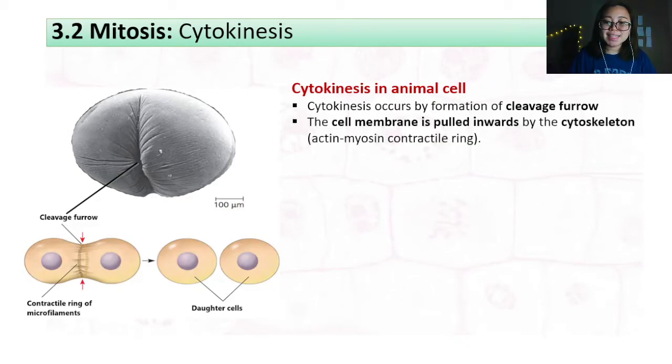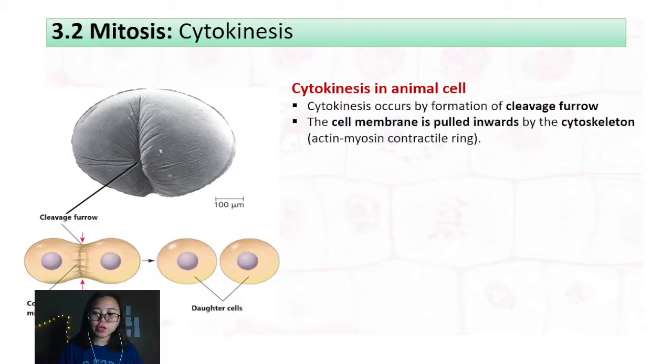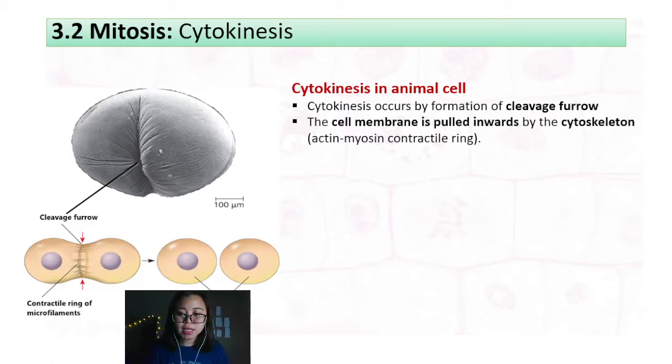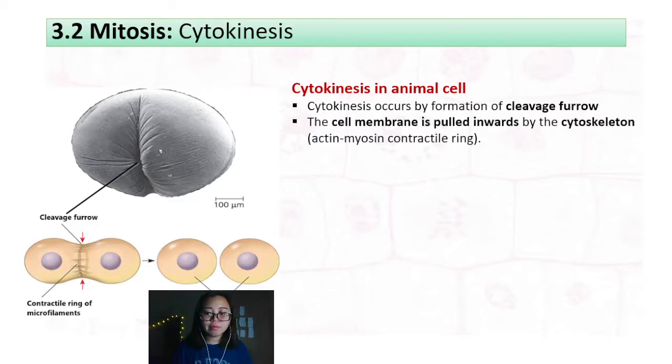What happens is the cell membrane is pulled inwards by the cytoskeleton made of actin myosin contractile ring. So if you look over here, this diagram down here, ring ini yang macam getah sayur yang semakin ketat itu adalah diperbuat daripada protein yang digelar sebagai actin dan myosin. Actin dan myosin memang fungsi dia untuk bergerak, okay, to contract. So, dia akan mula terbentuk di sebelah sini.